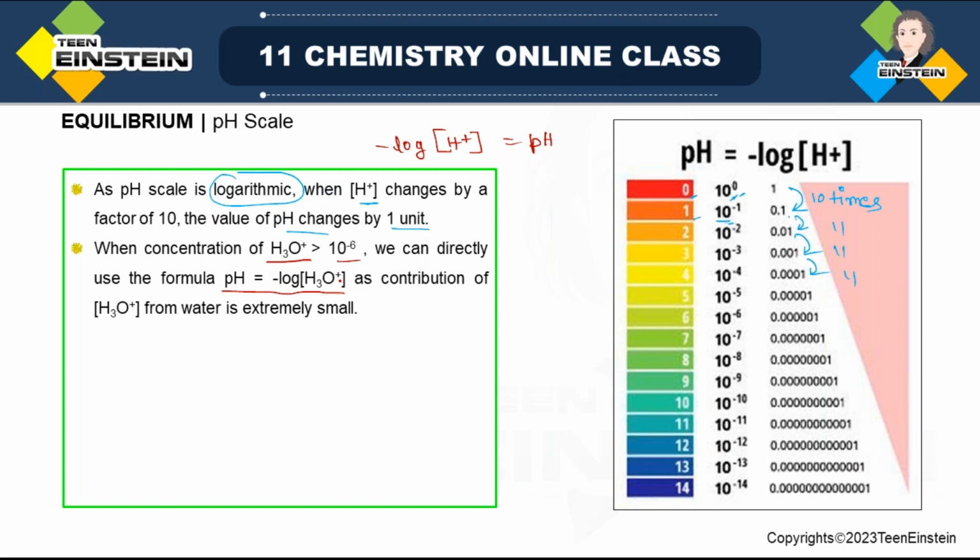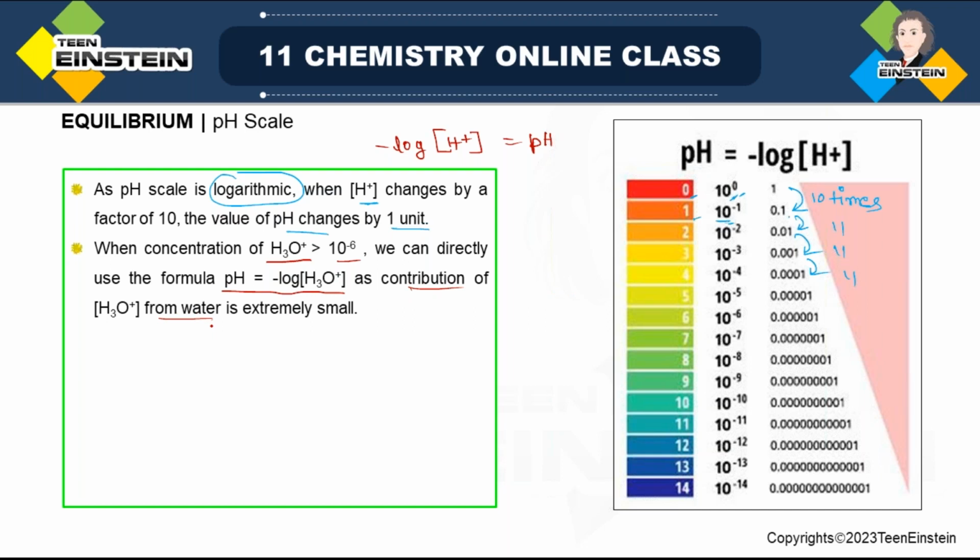Directly using this formula, it will not give you correct result. Okay. Now why I am saying so? Why is it so? It is because contribution of H plus from water also you have to consider.